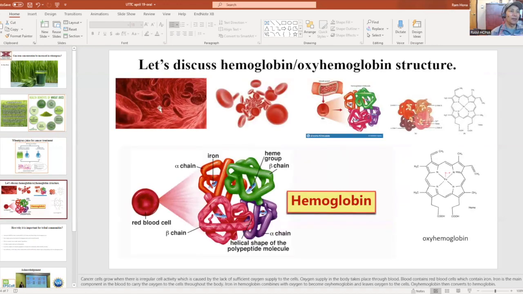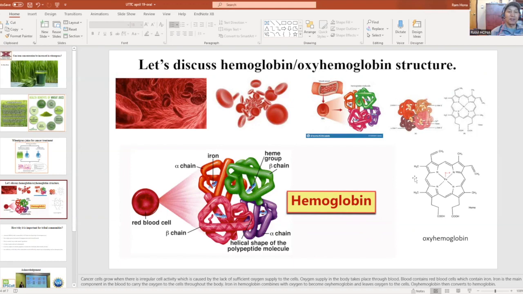Here we can see the red blood cells flowing through the veins along with the blood. Blood is composed of red blood cells, white blood cells, and platelets. Now, red blood cells contain iron. Cancer cells grow when there are irregular cell activities, which is caused by a lack of sufficient oxygen supply to the cells.